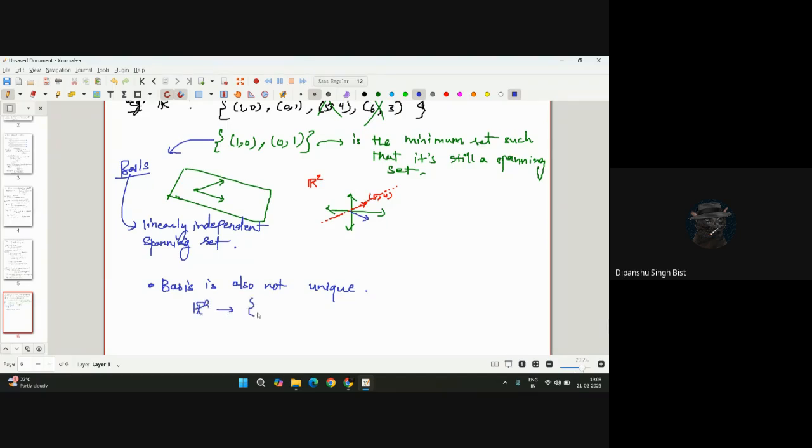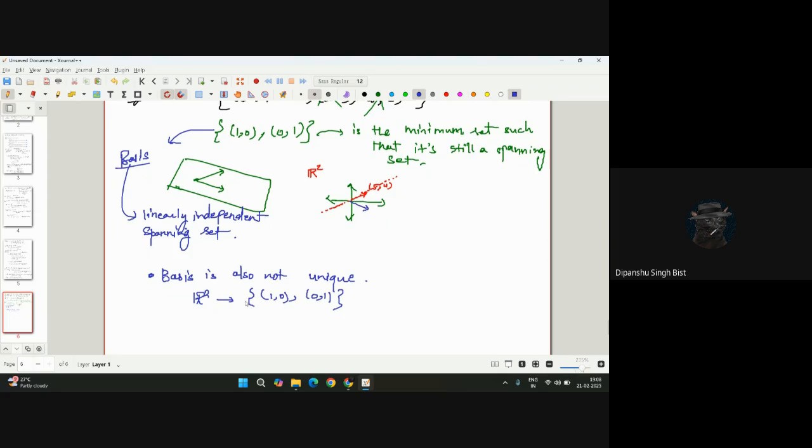One of the bases of R2 was 1 comma 0 and 0 comma 1. But as we saw in this example, any other combination which is non-linear will also be able to span the entire R2. So even if I take 5 comma 4 and 6 comma 7, that would be able to span the entire R2.